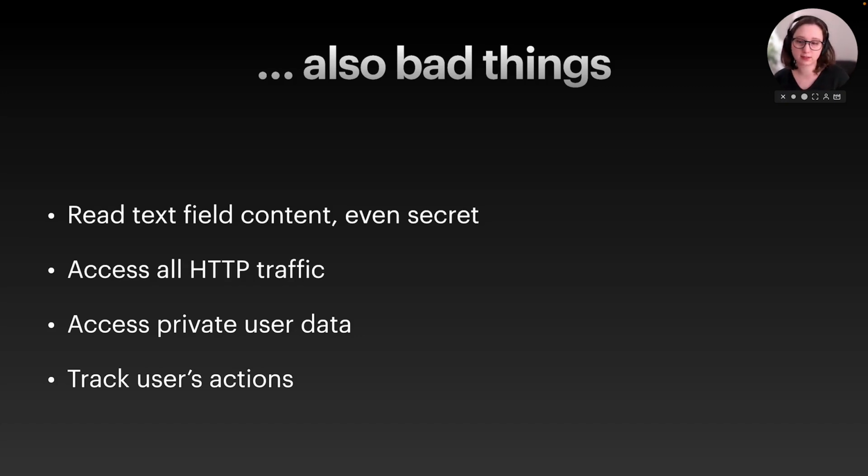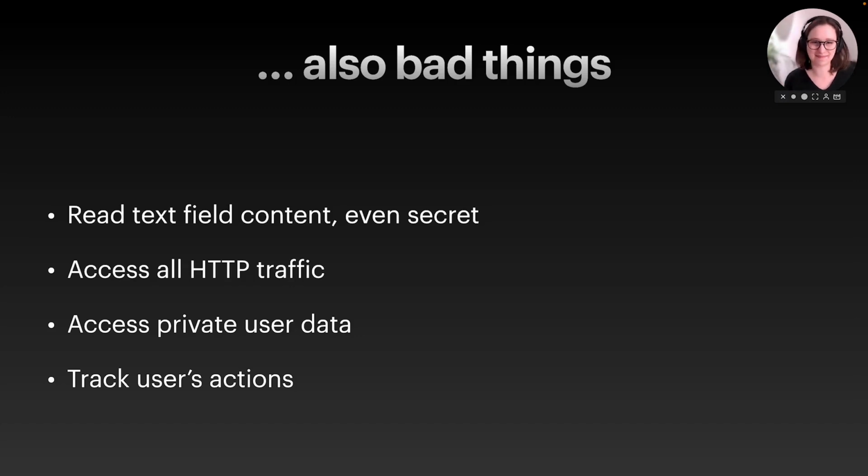They can inspect and access and log all the HTTP traffic, including all the requests and responses. They can access private user data that you store locally, such as the Core Data database, user defaults, keychain, and so on. And they can also track user actions from button presses, swipes, and whatnot, whatever the user does in the app.